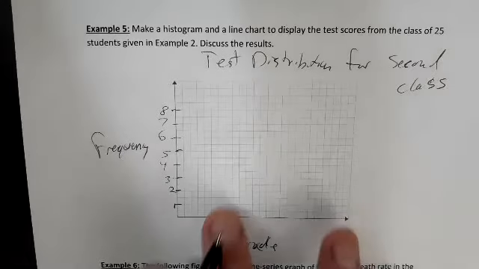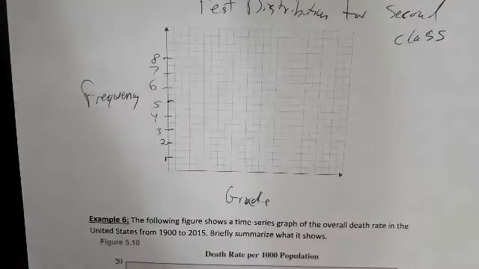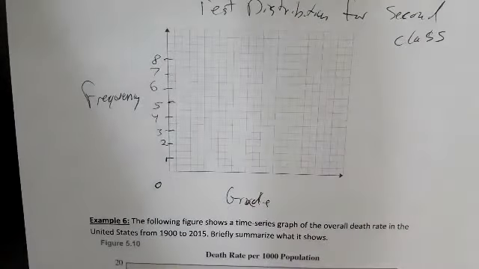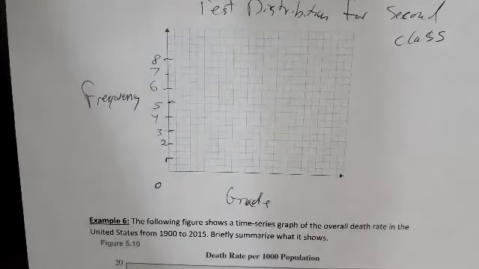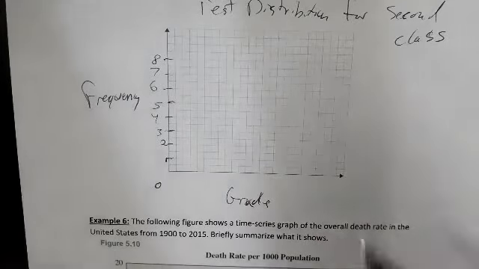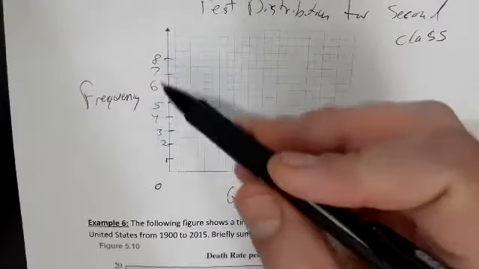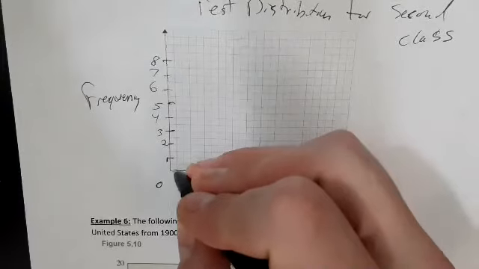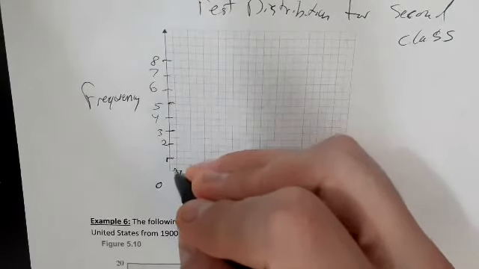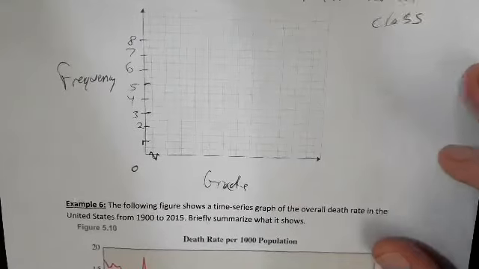And so a little bit about this. Technically, you should start at 0 on both of these, and you should not really be making breaks. You definitely don't make a break on your y-axis, but if you have to, you make a little break. Sometimes they draw a little squiggly to represent the break.